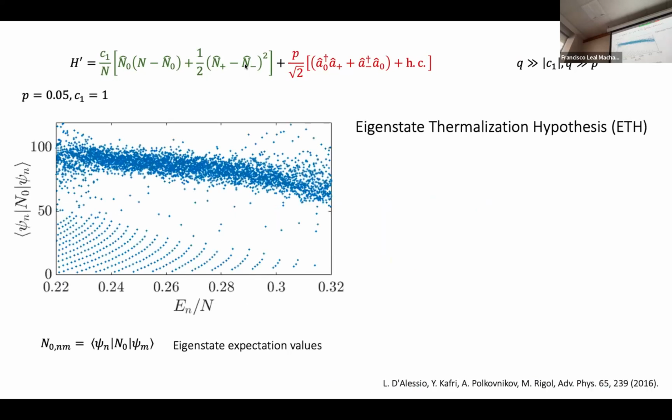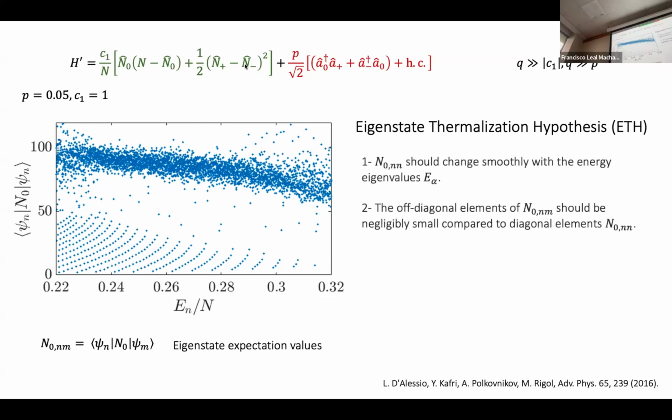The next thing that we want to look at is whether these states satisfy or violate ETH, the eigenstate thermalization hypothesis. For this, we need to set the observable. First, we choose as the observable the number density of the atoms with the zero spin component, which is really the one that's mostly measured in experimental platforms. There are two criteria that need to be satisfied for ETH. The first one is about the diagonal elements of this observable.